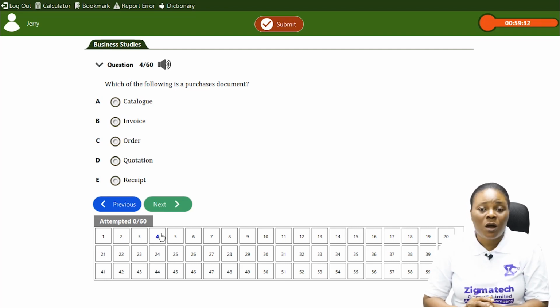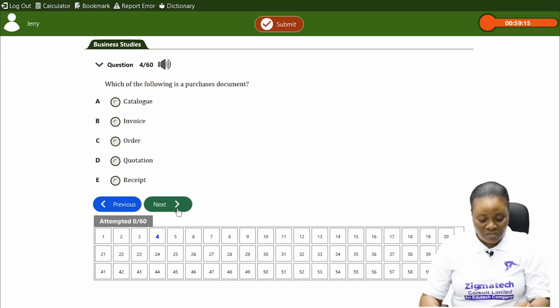We have catalog, we have invoice, we have order, we have quotation, we have receipt. Which of the following is a purchase document? The answer is E. Receipt is a purchase document.